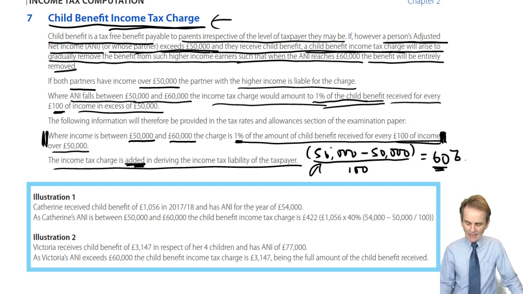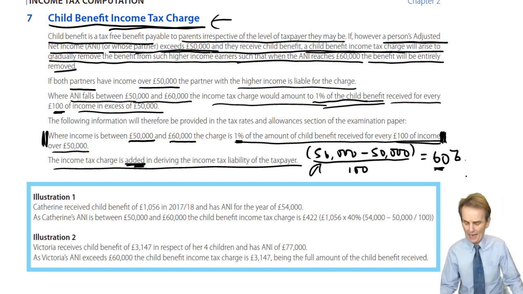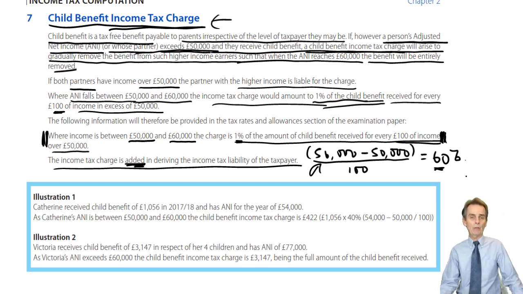So whether that's anything from 56,000 to 56,099, it is still going to give you 60% that you apply. You round down there. And when you work out your child benefit income tax charge, when you apply that 60% to the given figure of child benefit received, then that figure too would be rounded down to the nearest pound. Not a huge giveaway there, but we round down on each occasion.